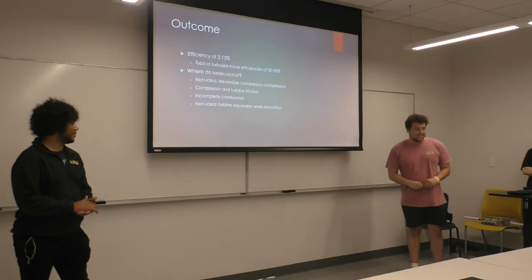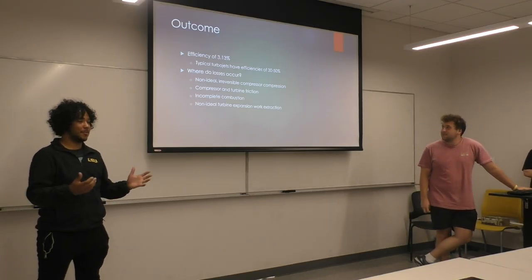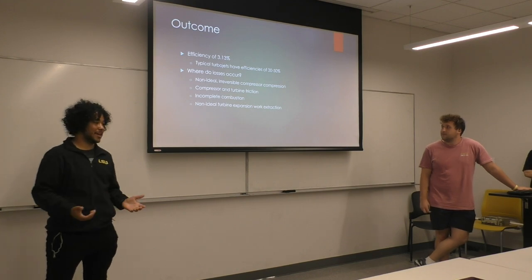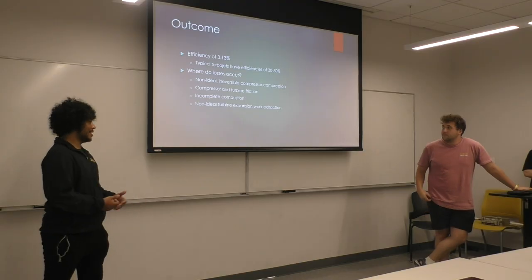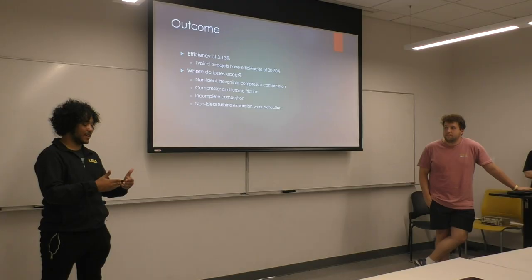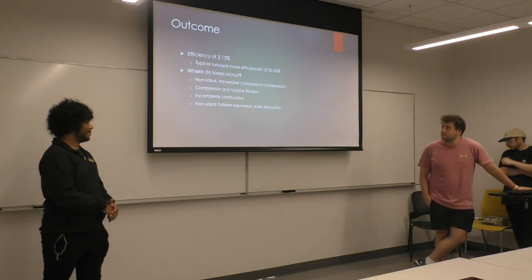Typical turbojets have efficiencies in the range of 30 to 50%, and that's because they're much more well designed. They have millions of dollars in research and development as well as manufacturing costs. This one probably had faulty connections that allowed for air leaks and things like that.